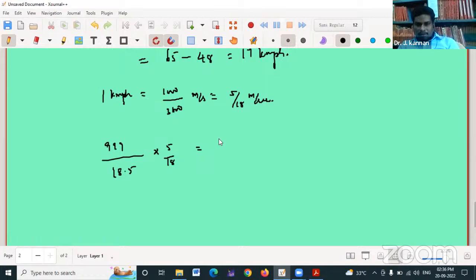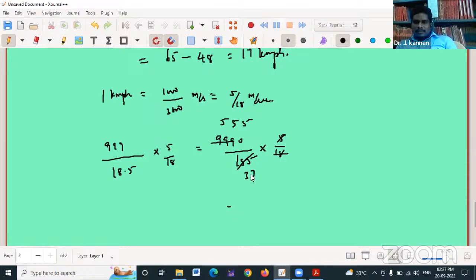Actually the problem is converted into 5 by 18. So the 18 cancels with 990, 5 times, so 5 cancelling 5, 3 times, 7 times.